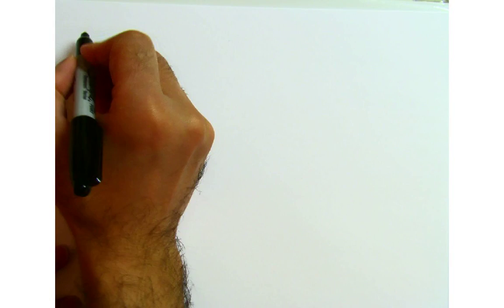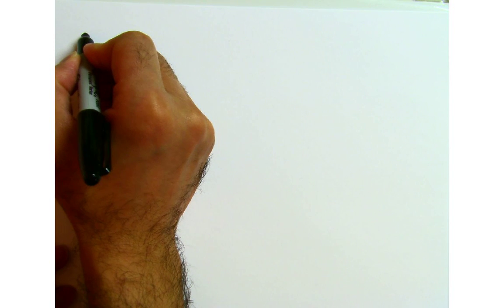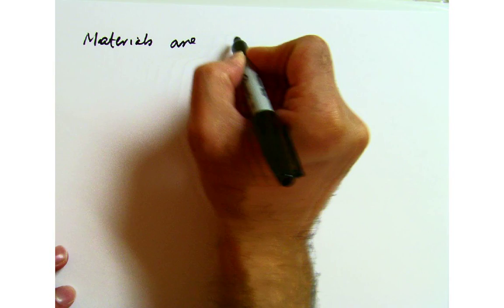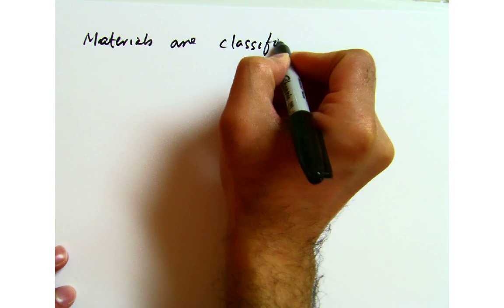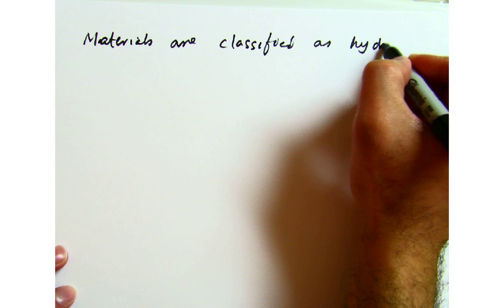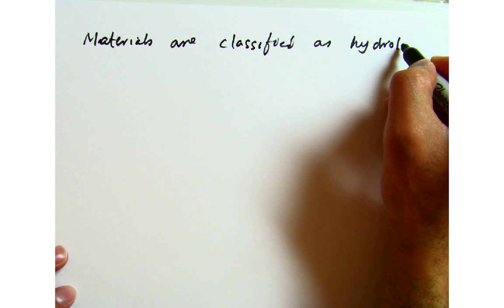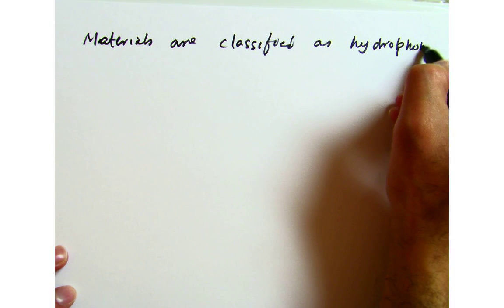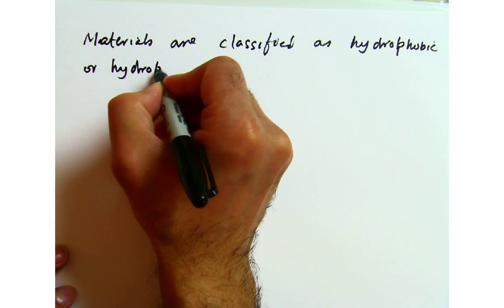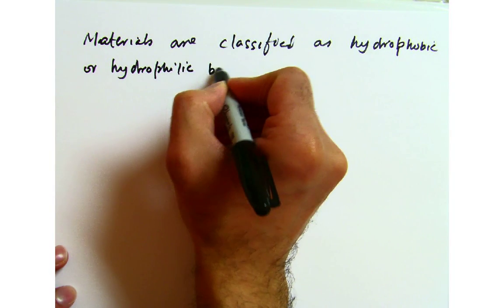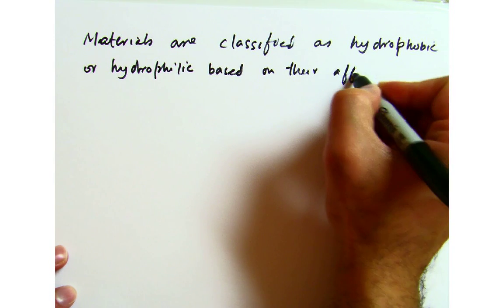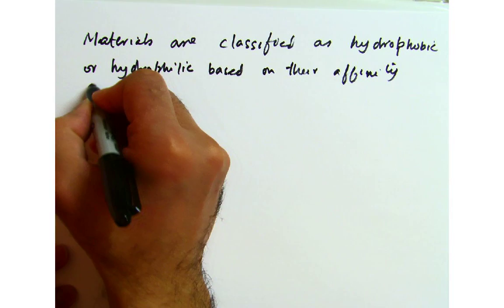Okay, so the idea is, again, materials are classified as hydrophobic, PHOBIC, or hydrophilic, based on their affinity for water.